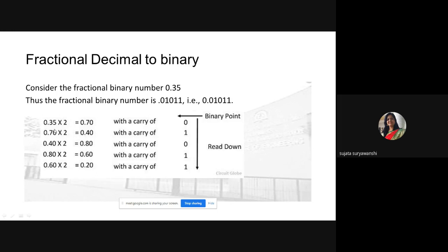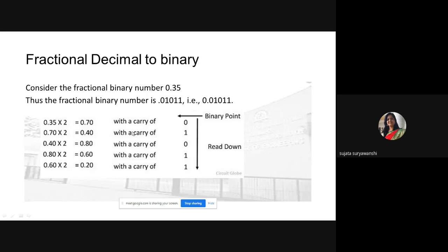So simply you have to use successive multiplication. Here 0.35 into 2 is equal to 0.70. Here I need to use the carry only. So 0 is the carry, and I have written this 0 as a carry. After that, I need to consider only the fractional part, that is 0.70 into 2. I'm getting the answer 1.40. So here 1 is generated.